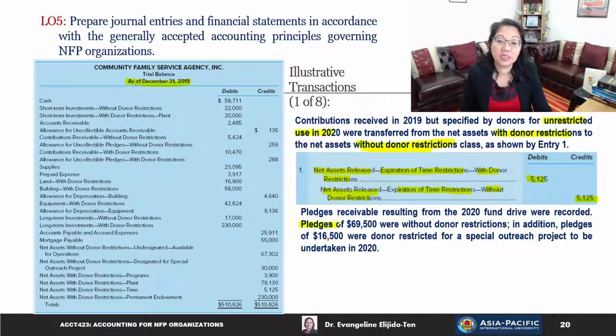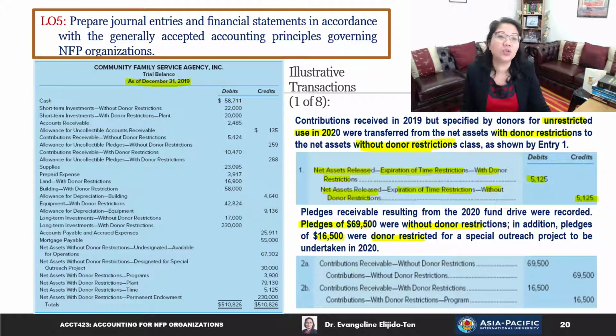So the pledges of 69,500 were without donor restrictions, and in addition, pledges of 16,500 were donor restricted for a special outreach project to be undertaken in 2020. So the journal entry would be to debit contributions receivable without donor restrictions, 69,500, and credit contributions without donor restrictions for the same amount.